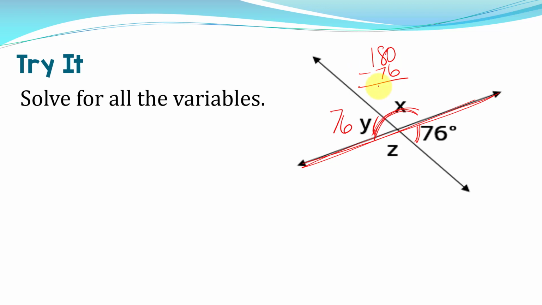And that's going to leave us with 104. And then x and z are vertical angles, so they would be congruent to each other. These are a linear pair, so they're going to equal 180. So you can work that a couple different ways, but work your way around finding the missing angles.